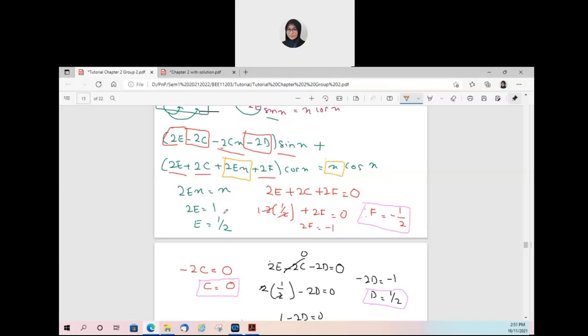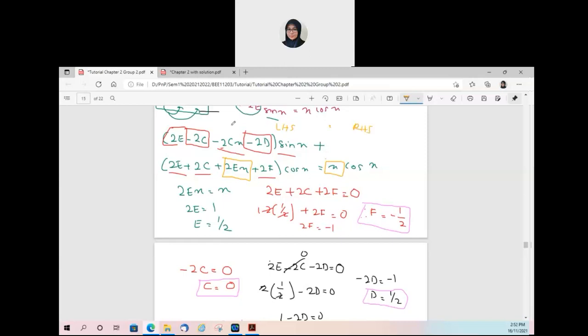Maksud dia macam mana? Sebab doktor kata kalau dia sebab ada cos. Okay. Sebelah kanan, this is the left hand side kan? Sebelah sini sebelah kiri, sebelah sini sebelah kanan kan?